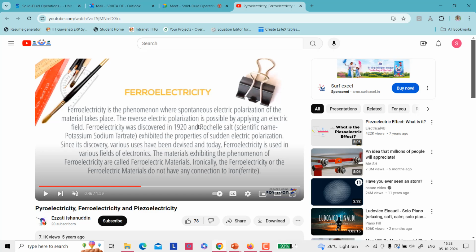And what about pyroelectricity? We have learned that it is the sudden polarization or temporary voltage due to heating or cooling. Next is the piezoelectricity.